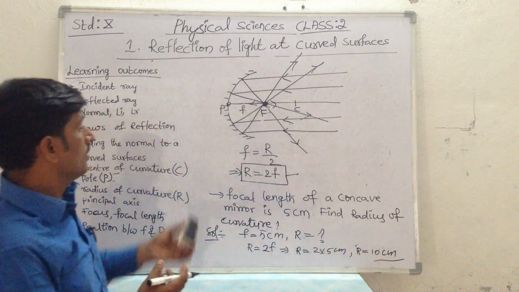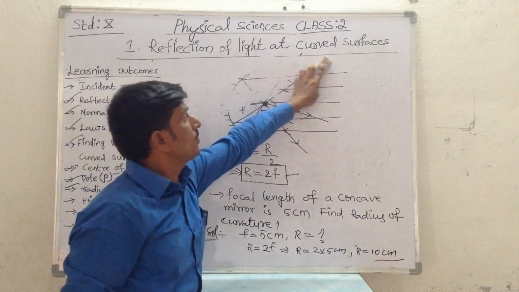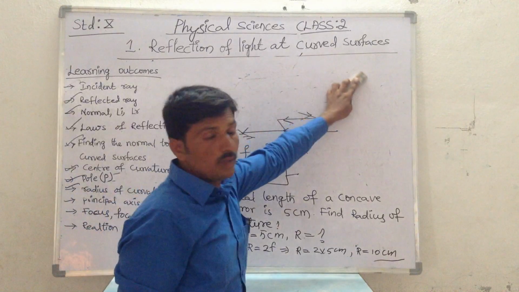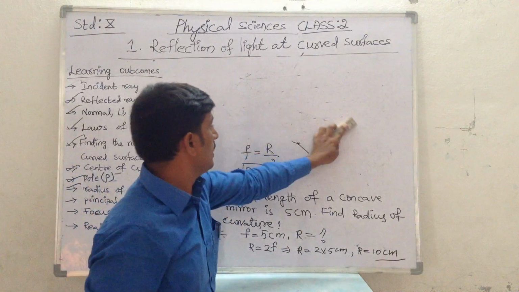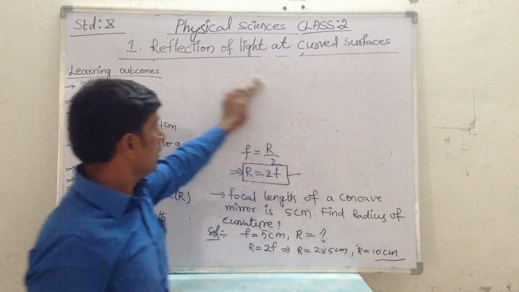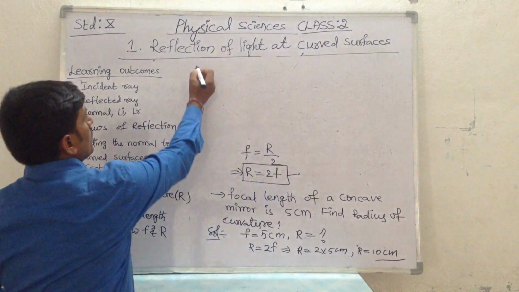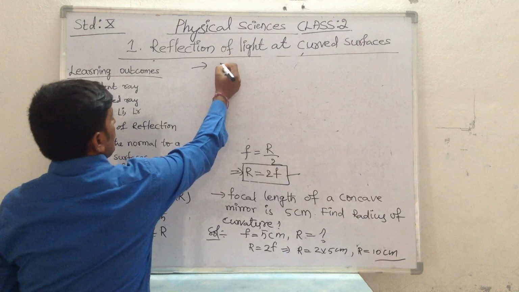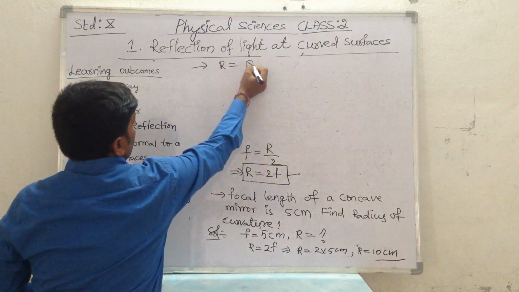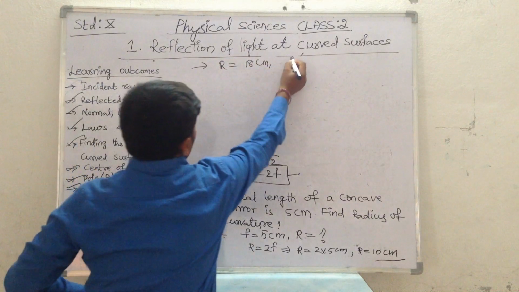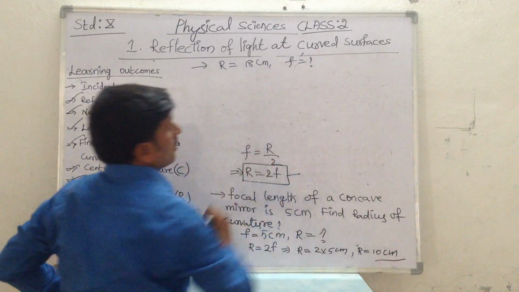If they give the value of the radius of curvature, we can find the focal length also using the above formula. Suppose the radius of curvature is 18 centimeters. Then find the focal length.